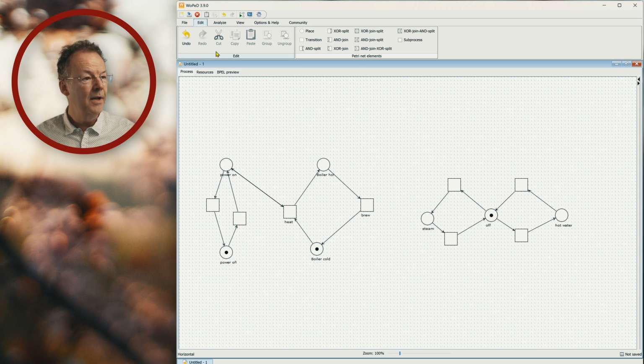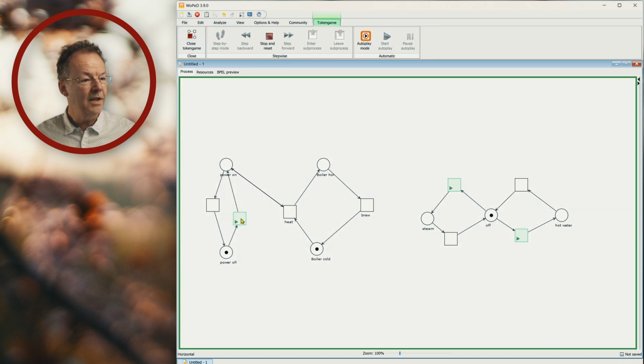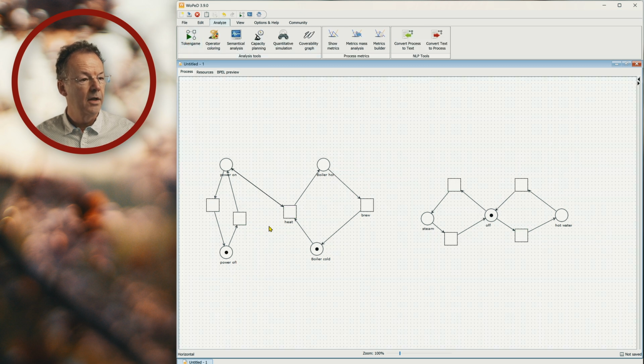So if we just do the token game right now very quickly, you can see that here I can switch the power on and off, and the heat transition here is only activated when the power is on. Okay, that's that.